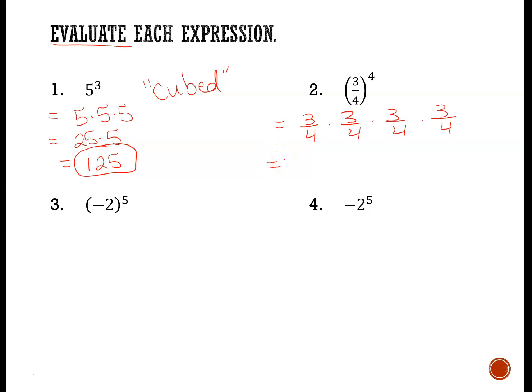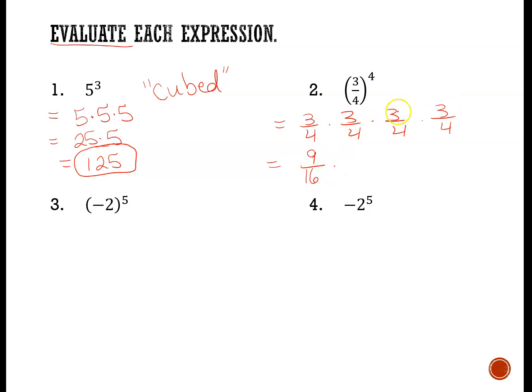And now we're going to multiply these fractions. We haven't talked about that yet, but multiplying fractions is just multiplying across the top and then multiplying across the bottom. If it's easier for you, you can do 2 at a time. So if I did these first 2, I would do 3 times 3 is 9, and 4 times 4 is 16.